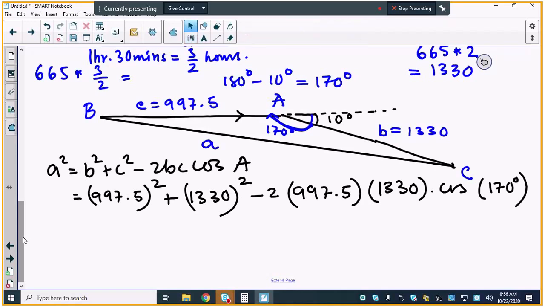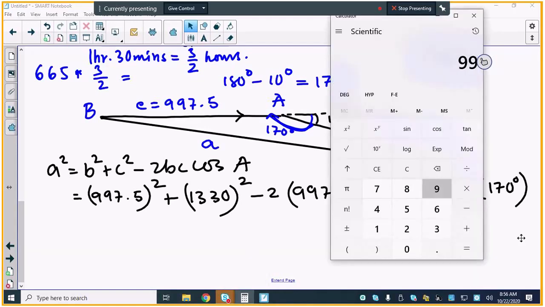Okay, so let's try to work it out. (997.5) square plus 1330 square minus 2 times 997.5 times 1330 times 170 degrees, but the cosine ratio of that.